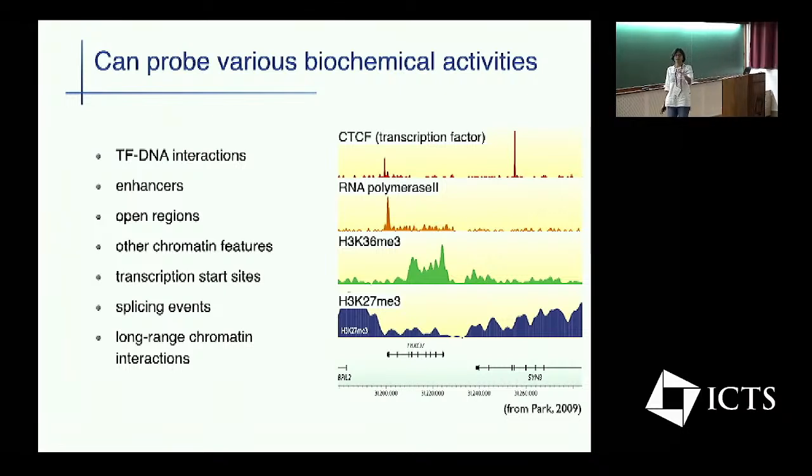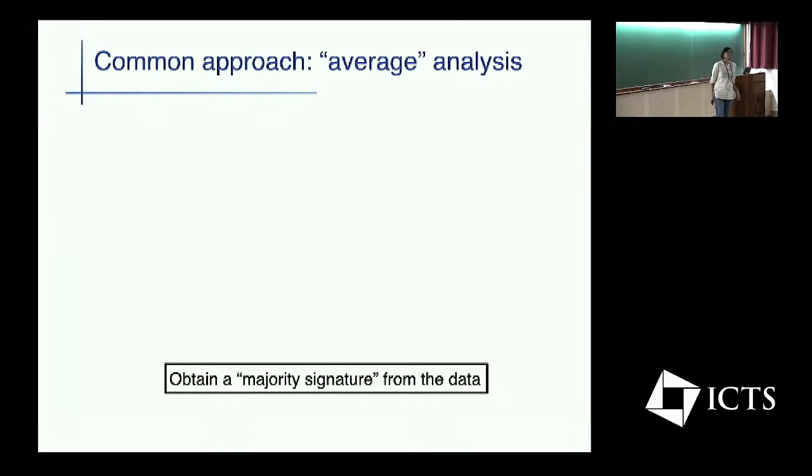Now we can measure many different types of biochemical activities along the genome with fairly high resolution. Typically, when you get data from such experiments, the usual strategy is to do some sort of an average analysis.